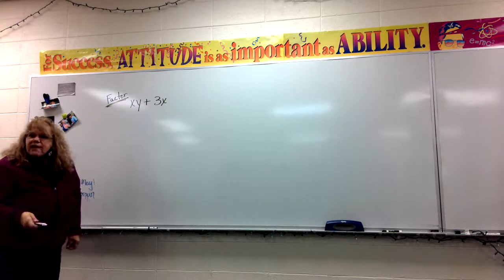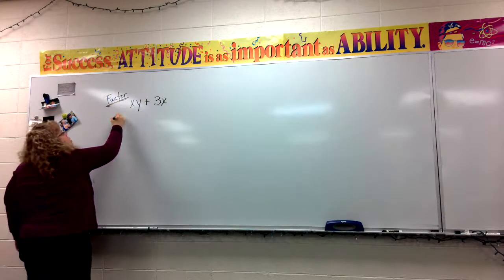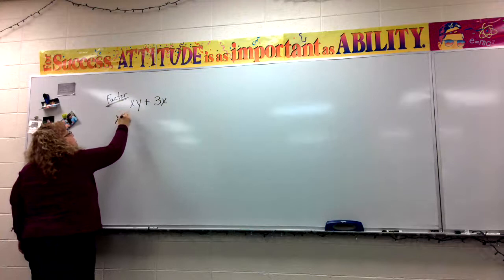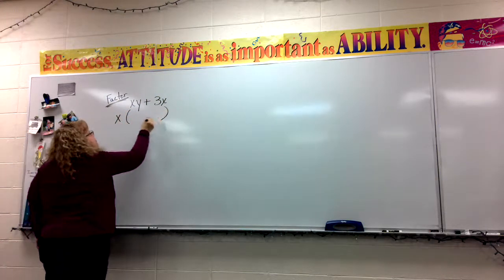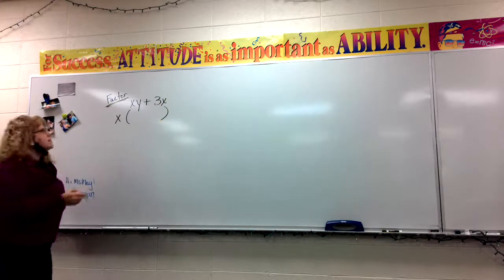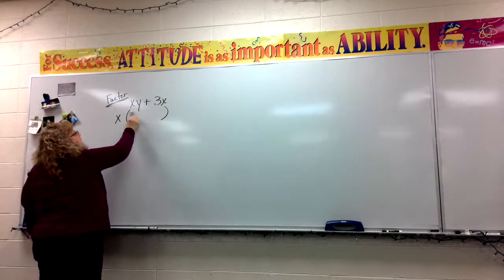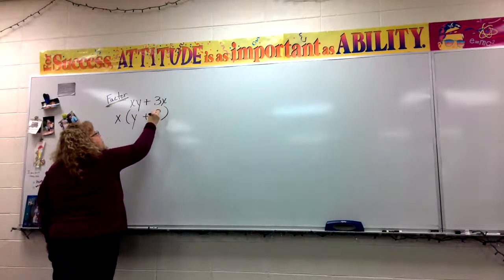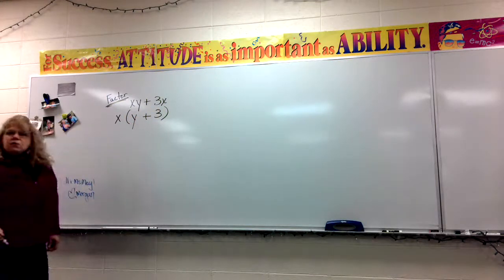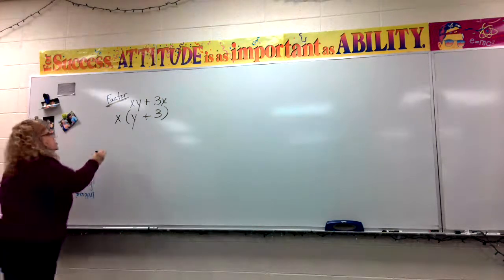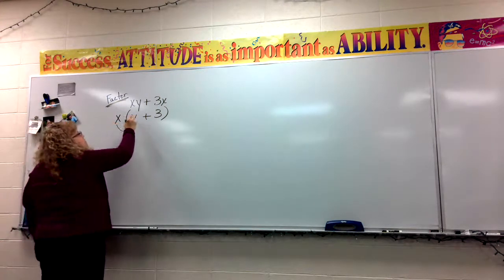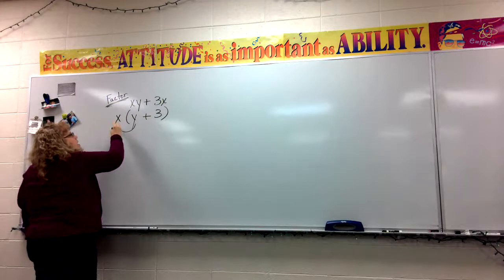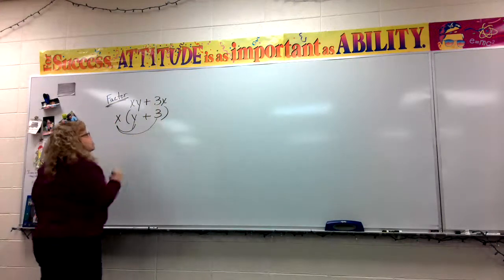Yes, they have an X in common. So we took that common factor and wrote it out front, and then inside parentheses, we wrote what was left. If I take an X out of this, what's left? If I take an X out of this one? And remember, if you wanted to check these, you could always multiply, gives you XY, and multiply, gives you 3x.